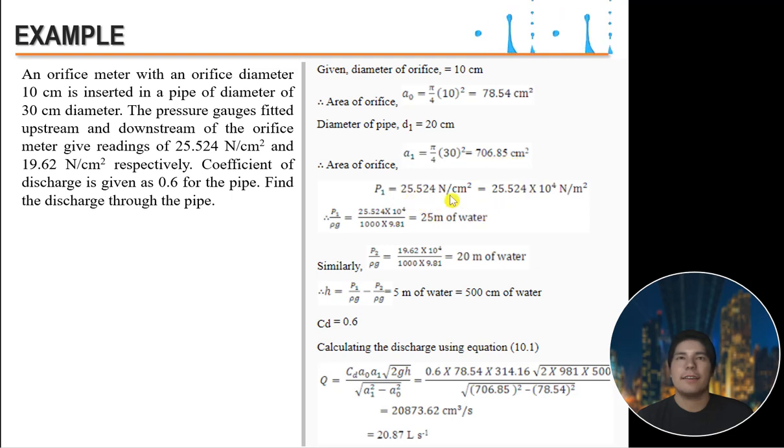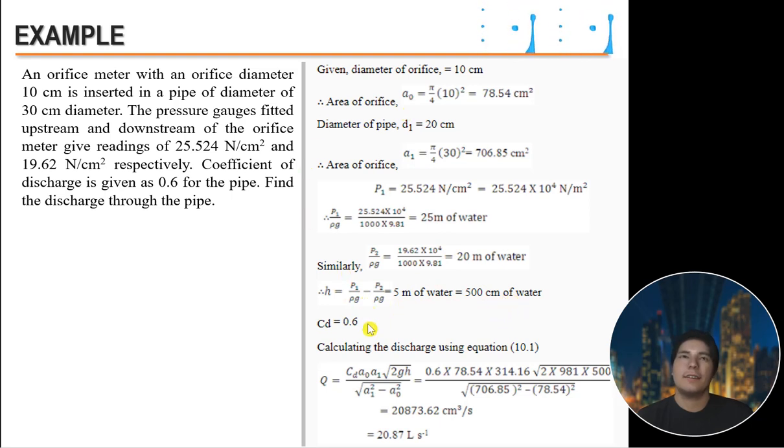So we also have the given pressure, which is 25.524 Newton per square cm. So we can now get the pressure head, which is 25 meter of water. Similarly, for pressure 2, we have 20 meter of water pressure head. So the differential head is 25 minus 20, that is 5 meter of water or 500 centimeter of water.